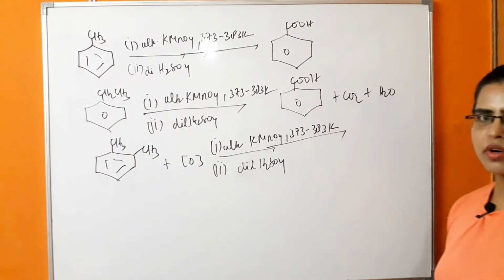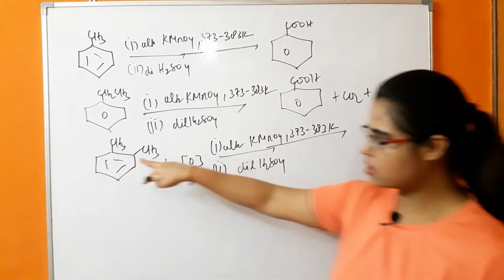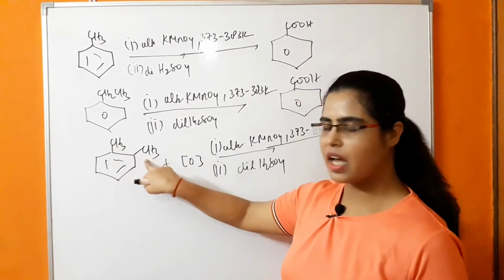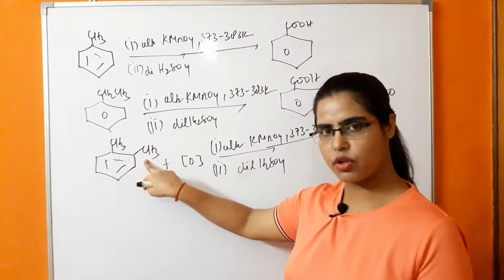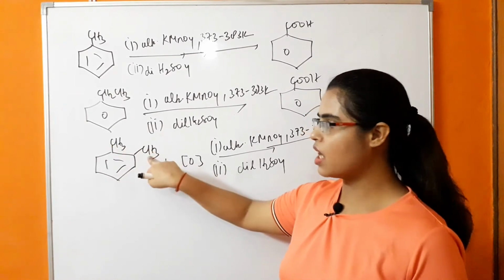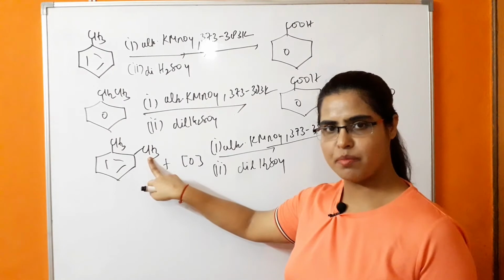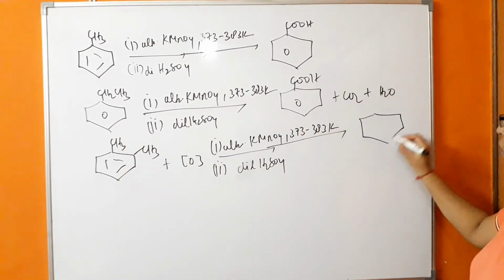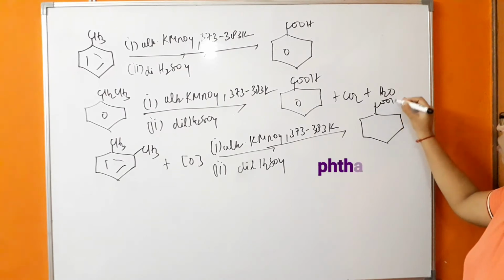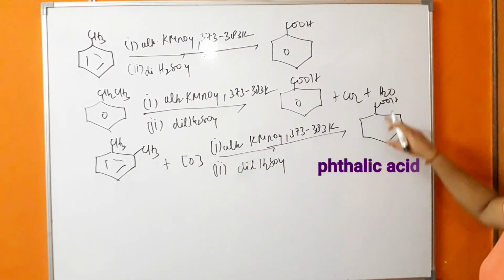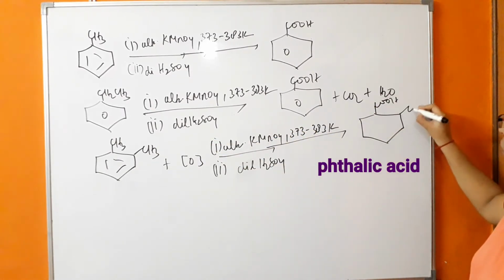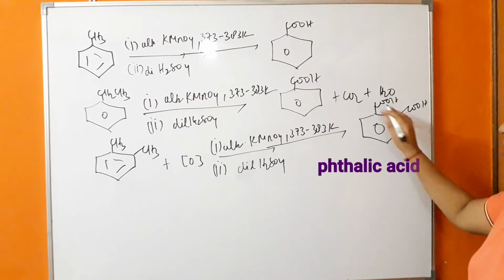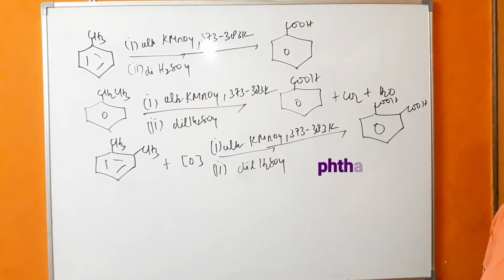In this case there are two methyl groups present at the ortho position, so both the carbons which are directly attached to the benzene ring are oxidized to give COOH. So this CH3 will oxidize to COOH. This compound is known as phthalic acid.